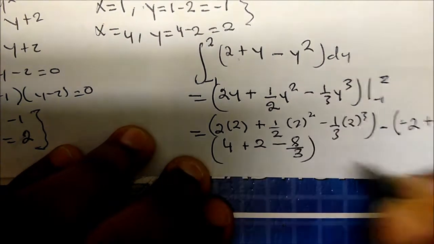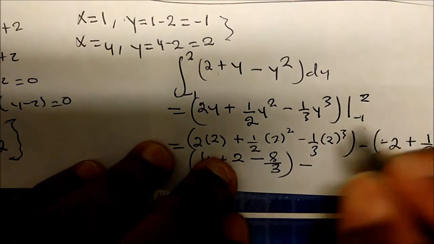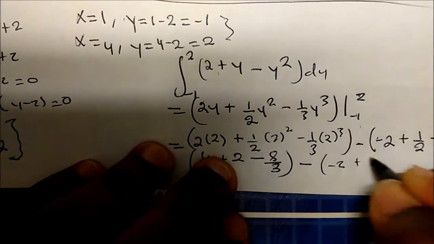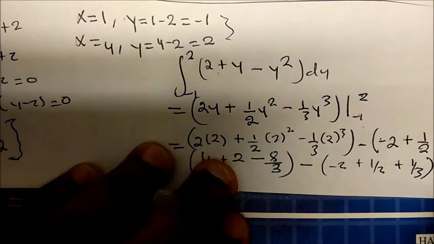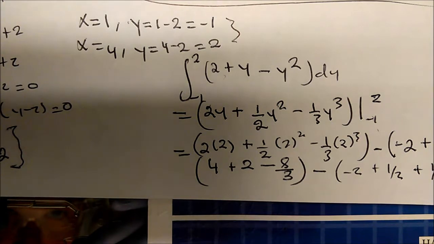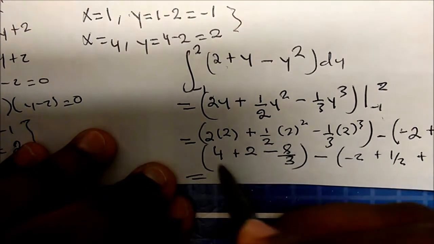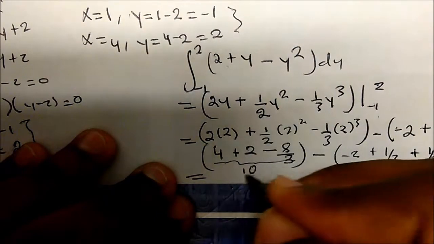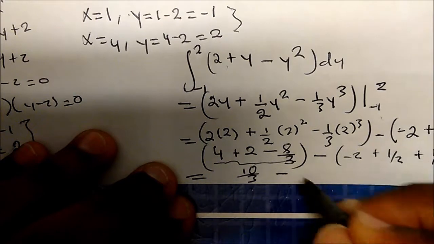And this is minus, well, -2 plus 1/2 plus 1/3. All right, so when I do the math for this whole section here, it is equal to 10/3. So that will be equal to 10/3 minus my minus sign here.